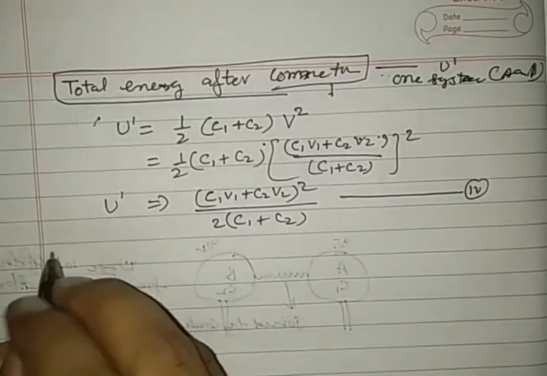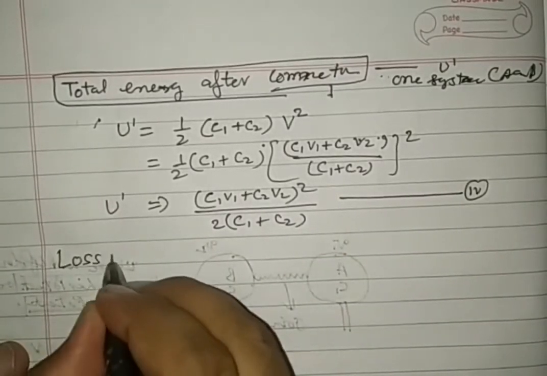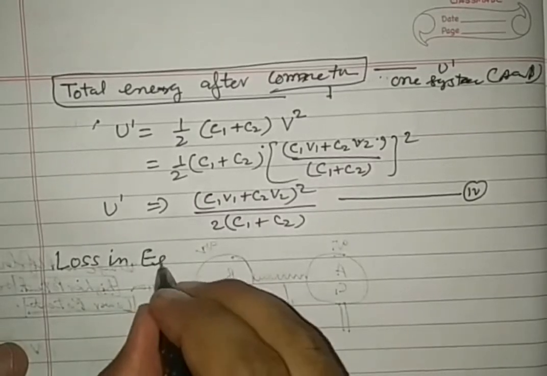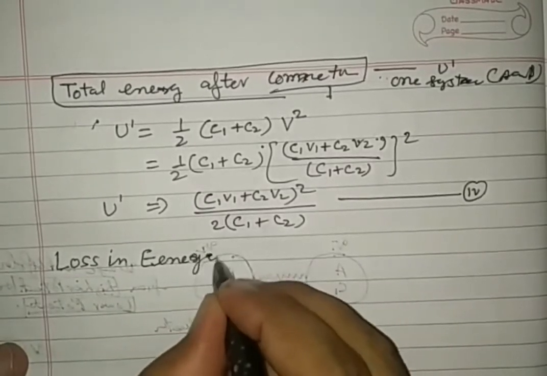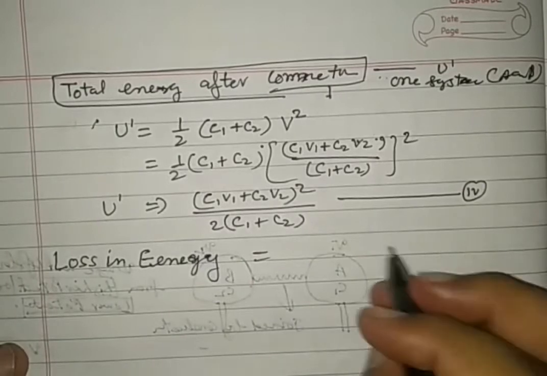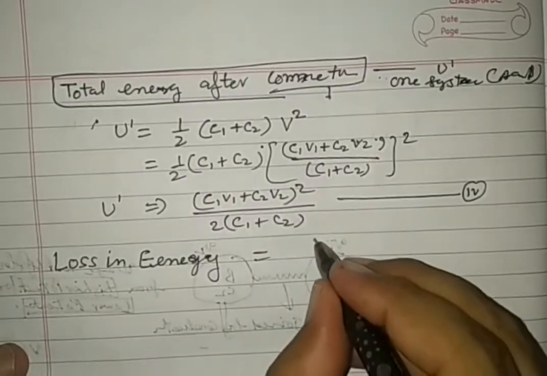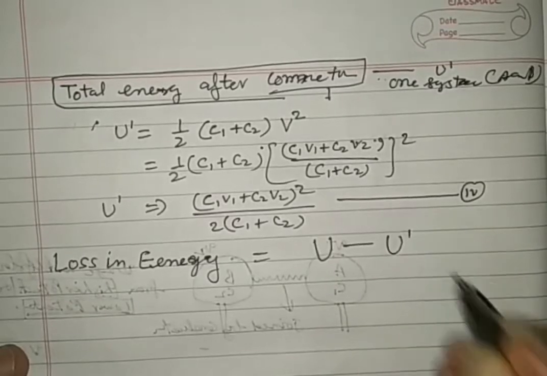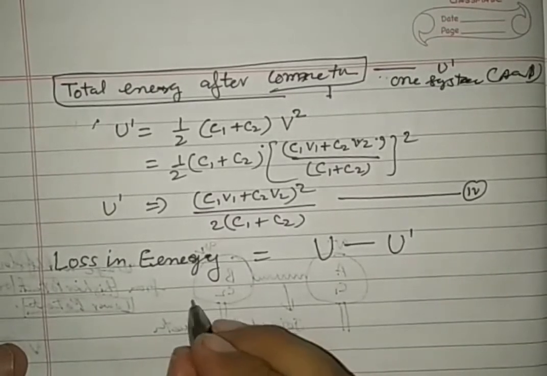Now we are going to see the loss in energy. This loss in energy is the total energy before connection, U, minus the total energy after. So see carefully.